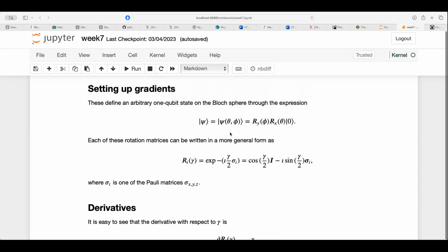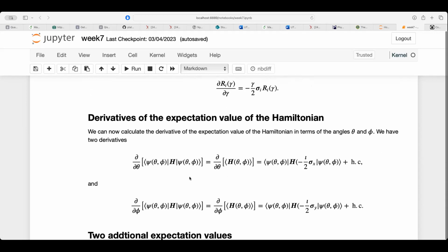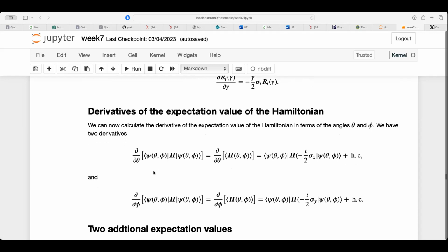And we want to optimize these angles. So we have a gradient for the energy, which is 0. And if we use derivatives of the Hamiltonian and you use the hermiticity, this is just an example of you applying the chain rule and hermiticity, nothing more than that.